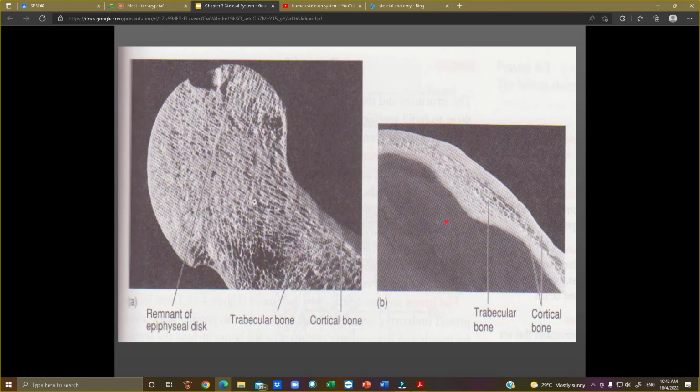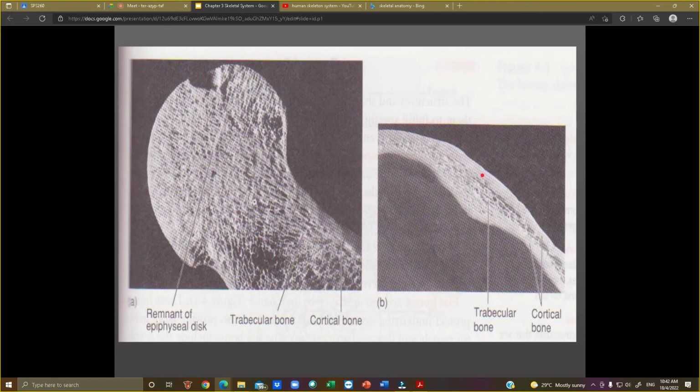Kita tengok komposisi dia. Yang ini tak clear. Kejap lagi kita tengok yang clear. Kita tengok yang ni clear. We can see towards the middle, we have all those trabecular bone or spongy bone, and towards the deep side of the skeleton. Towards the superficial, we have cortical bone or less spongy bone.